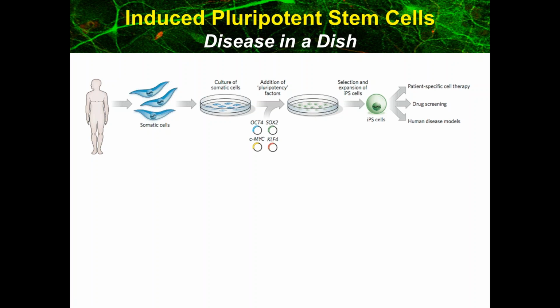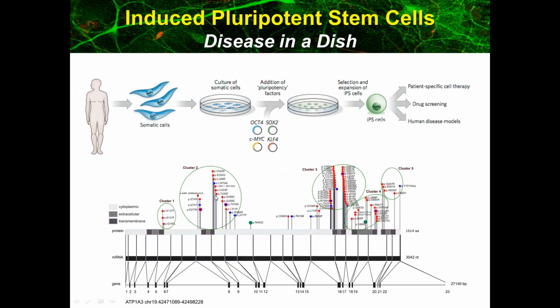Then we would be able to study those rather than trying to biopsy those organs from a patient with a disease we're interested in. And so Kevin S.'s lab has succeeded in generating quite a collection now of ATP1A3 mutation carrying iPS cell lines. That's the name of these pluripotent cells.